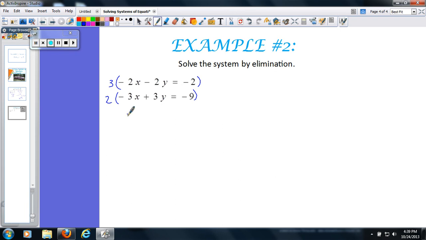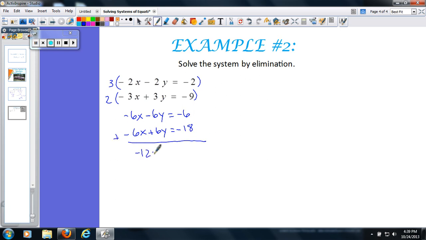This gives me 3 times negative 2 is negative 6x, negative 6y equals negative 6. And this is going to be negative 6x plus 6y equals negative 18. I'm going to add these two equations together.